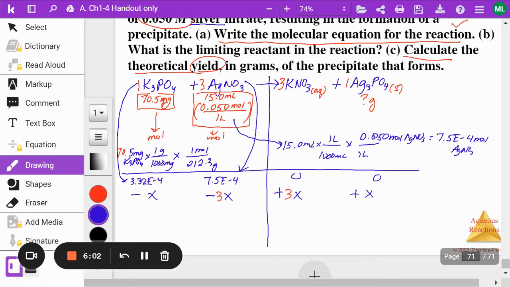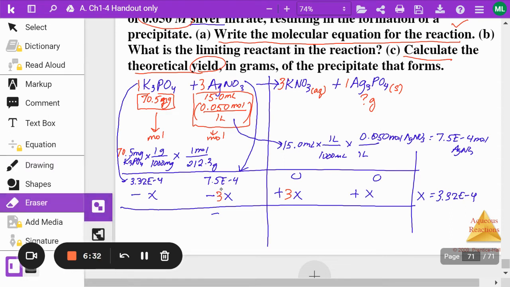So in the end, I have to solve for X, and one of these will be 0. So what if X is equal to 3.32 E negative 4? Then this will be 0, and this would be a negative number. Therefore, that is not X. So I'm going to go ahead and erase that.